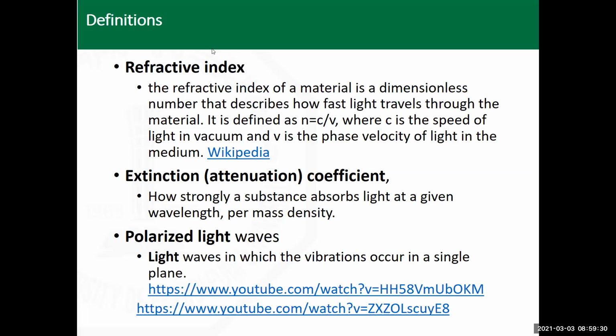One very good example for the issue of polarization is sunglasses, especially if you are moving in an area where the ground is white in color or it is reflective.